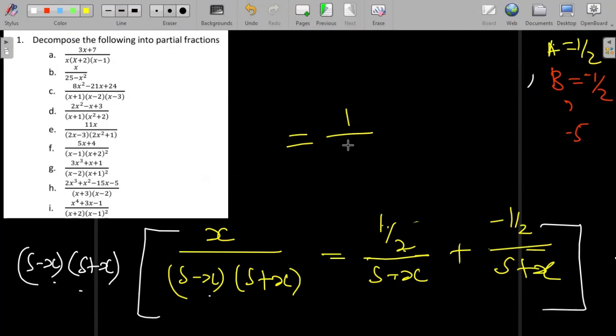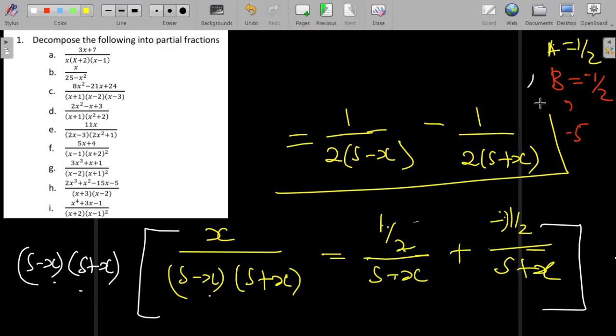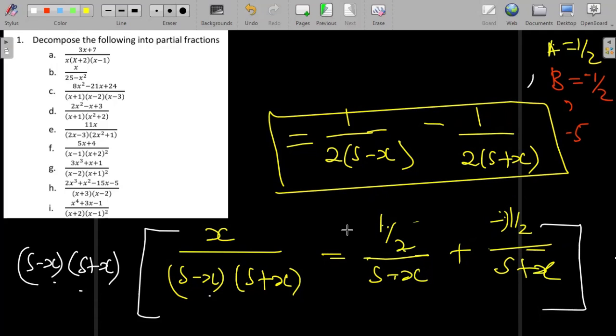It will be 1 over 2 times 5 minus x, and then this negative with this plus becomes negative, minus 1 over 2 times 5 plus x. I can multiply both the numerator and denominator by 2, but if you want, you can leave your answer like this. There's no stress. So this is the decomposed partial fraction.